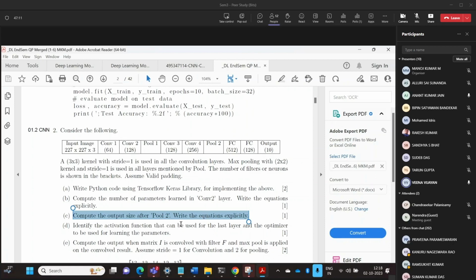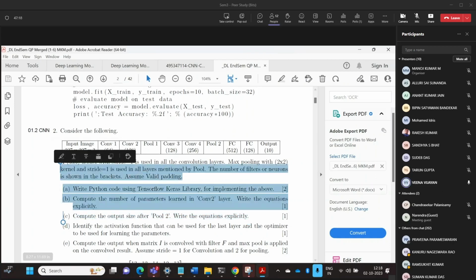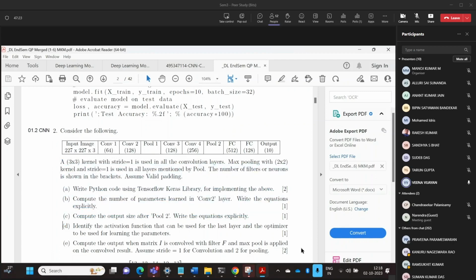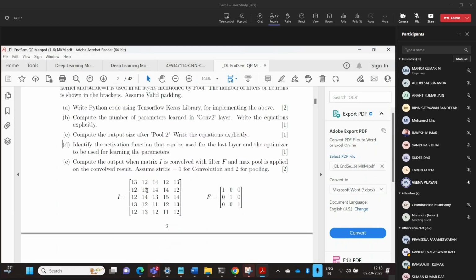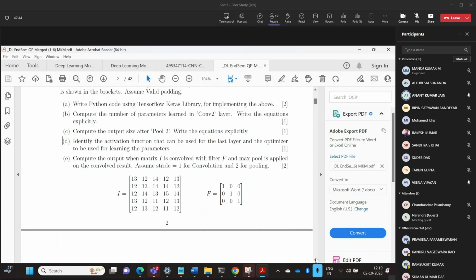Yesterday we solved the activation function question, we can just write it. And this was the last question. Compute the output: they will give the matrix and we need to compute the output using the input image size and the filter given. The output size will be the shape in our model architecture after you have applied pool 2, maybe the second max pooling layer.